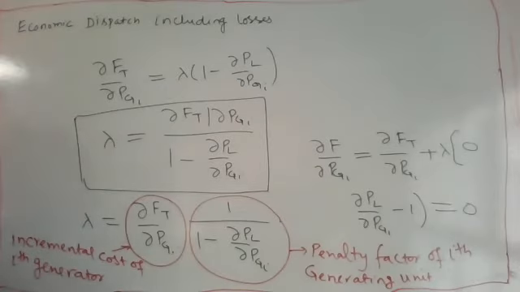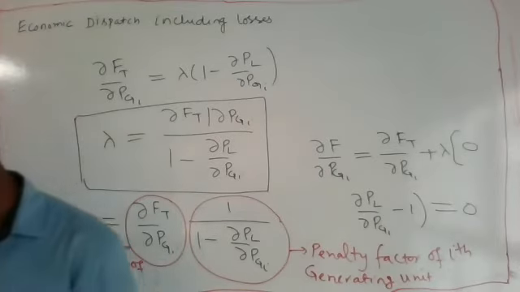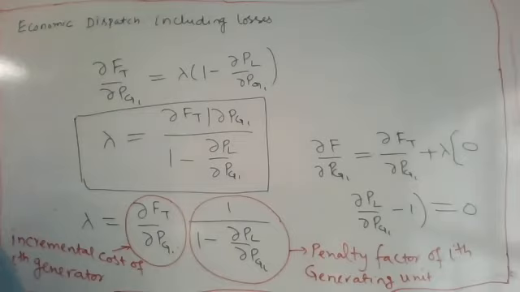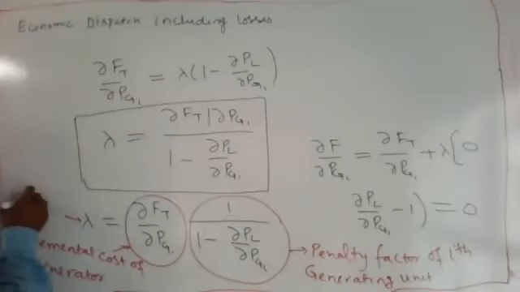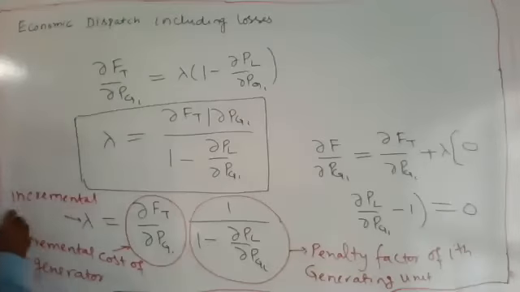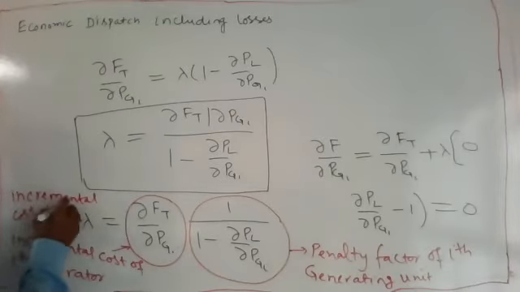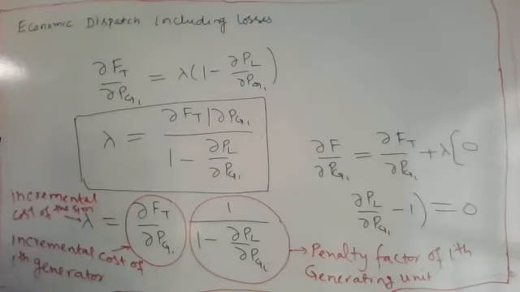Okay. And what is lambda? Lambda is a constant and it is called the incremental cost of the system.